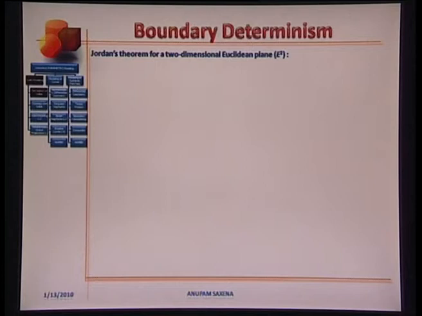Jordan's theorem for a two-dimensional Euclidean plane E2. This is a fundamental theorem that lays down the basis for solid modeling. A simple non-intersecting closed curve, which is also called the Jordan curve, divides plane E2 into regions interior and exterior to the curve.